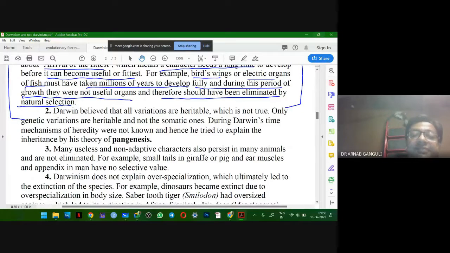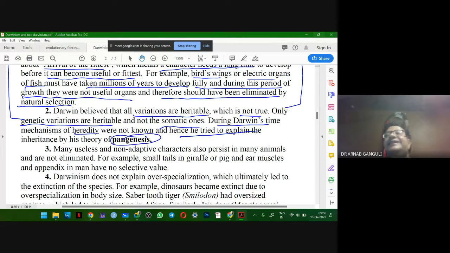Then, Darwin believed that all variations are heritable, which is not true. Only genetic variations are heritable and not the somatic ones. During Darwin's time, the mechanism of heredity was not known, and he tried to give his theory by a theory known as pangenesis. You don't need to read about this theory because it is not valid anymore.